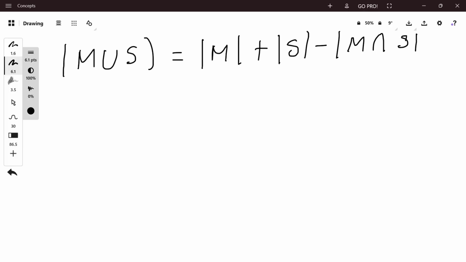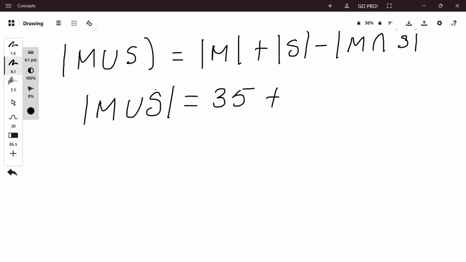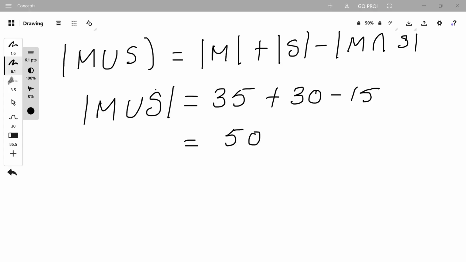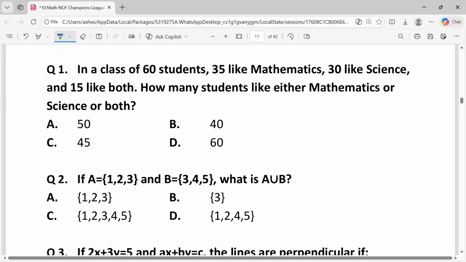Substituting the number of students who like mathematics, science, and both into the formula, that is equal to 35 + 30 - 15, which is equal to 50. That is option A, 50.